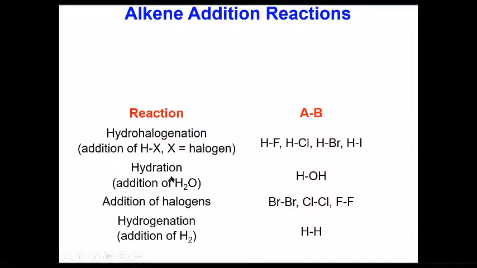You've seen hydration, adding water and usually making an alcohol. And then you see the addition of the halogen directly from diatomic halogens. And then hydrogenation, where you just add a hydrogen across the double bond, okay?